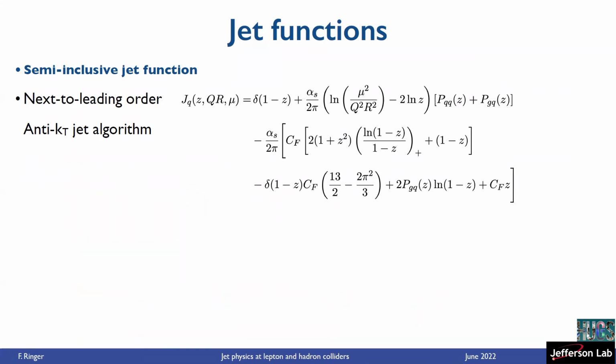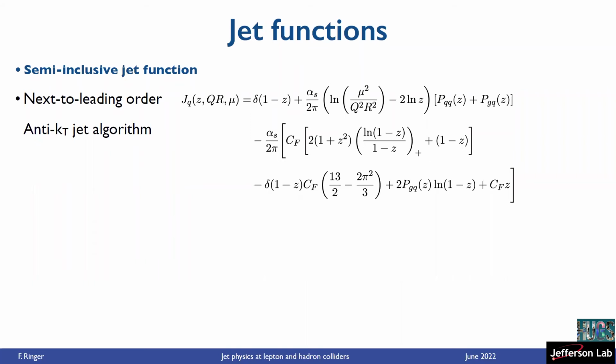Otherwise I would have issues with the dimensions here. But that's really just an aspect of dim reg. It's a renormalization scale. It's not a factorization scale, because it's infrared safe, so you don't have to.